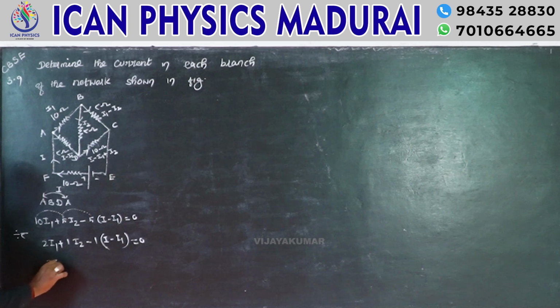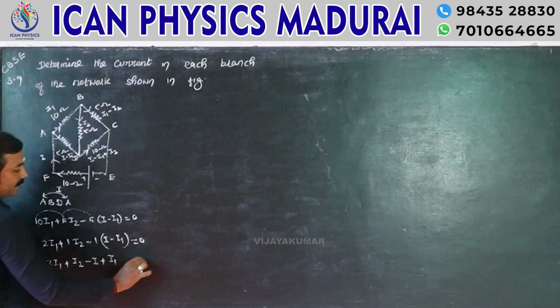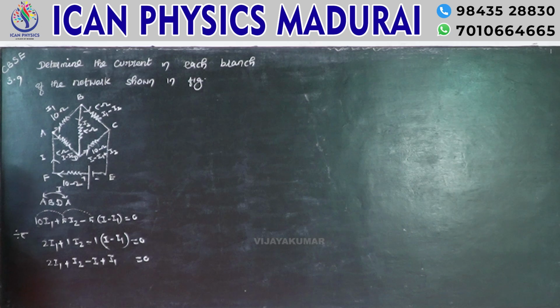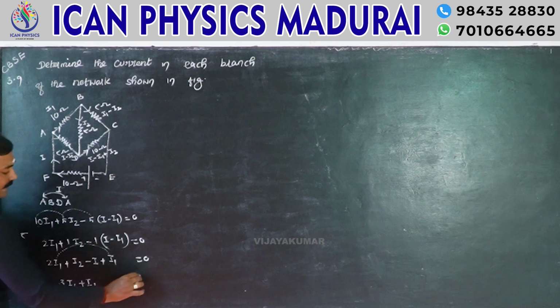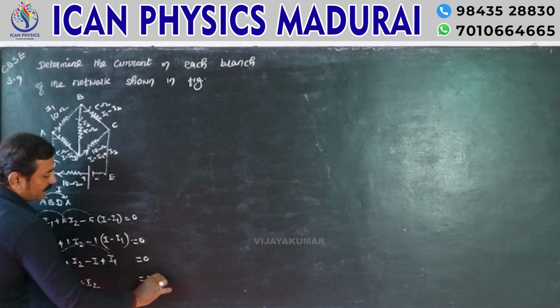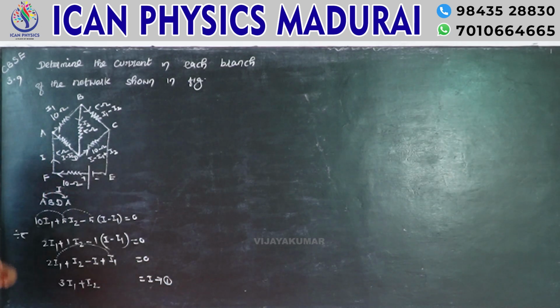So, 2 into I1, 2 I1. 1 into I2, I2, minus 1 into I minus I1, which becomes minus I plus I1, equal to 0. Okay. Now, I1 plus 2 I1, so 3 I1 plus I2. The minus I goes to the right side as plus I. Now, it's taken as equation number 1.